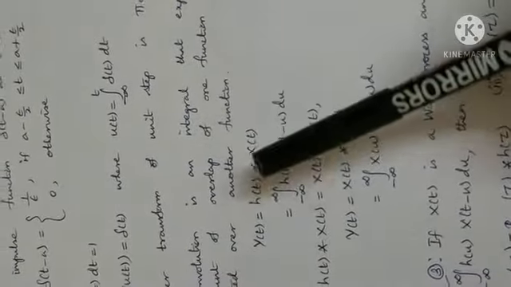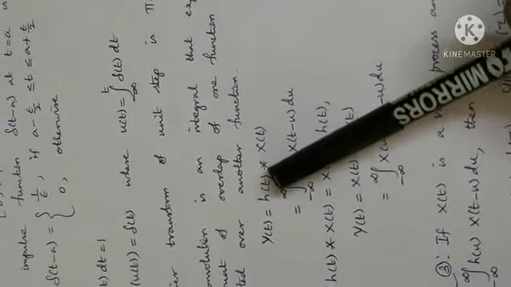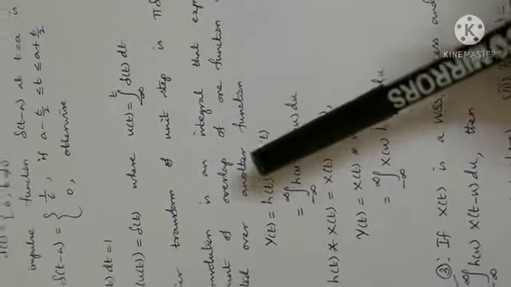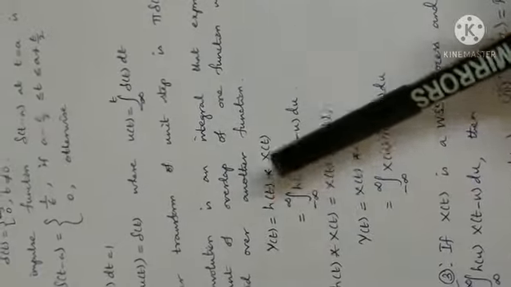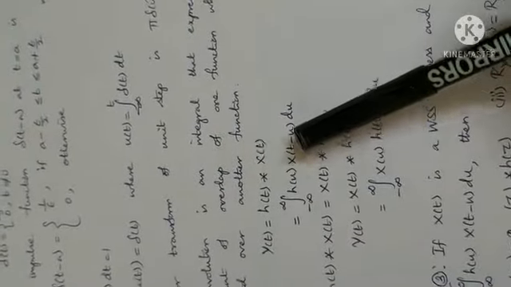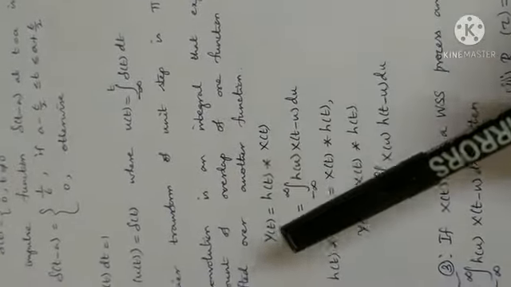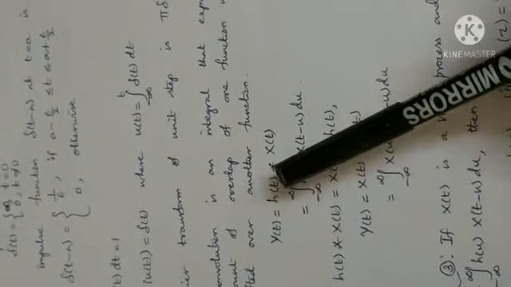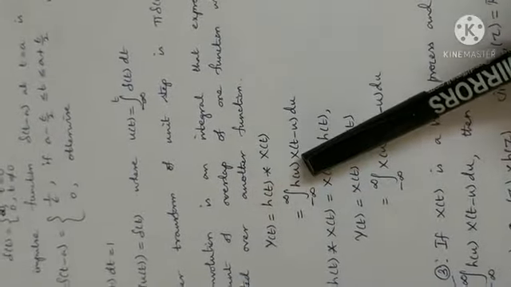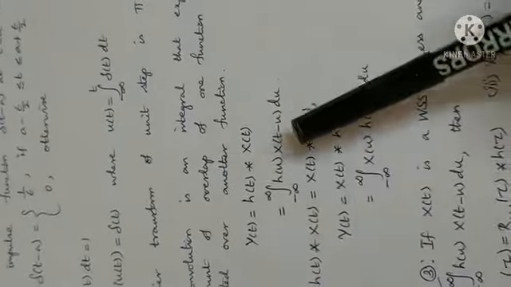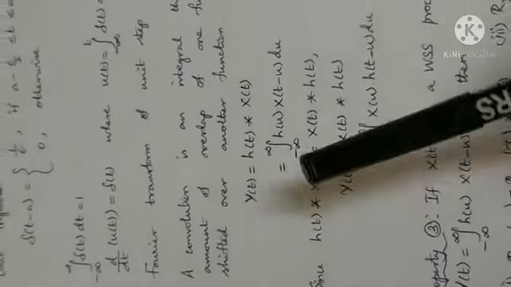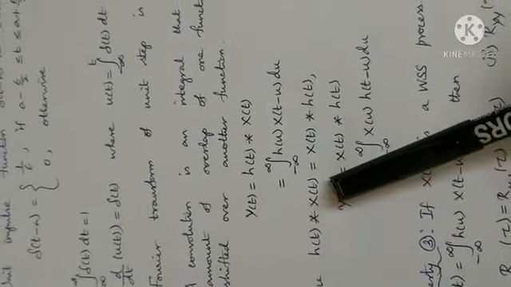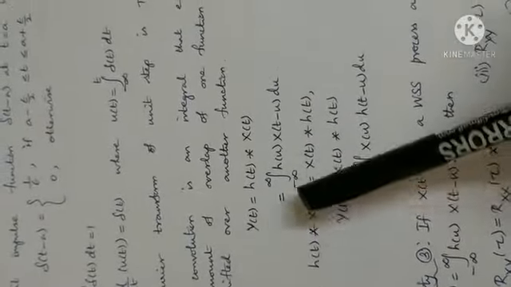In the first function h of t, t is replaced by u, and in the second function, t is replaced by t minus u. And h of t convolution x of t is equal to x of t convolution h of t. The answers of both will be the same if you change the order.